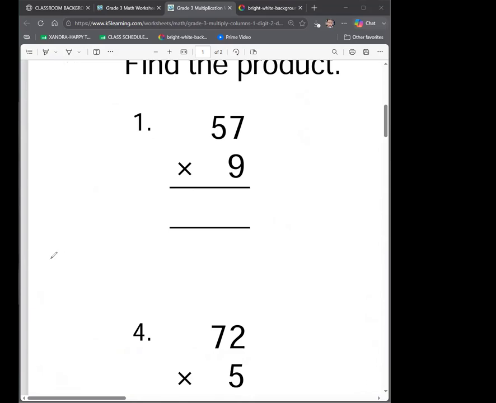So 7 times 9, so we have 7, 14, 21. What's next? If you add 7 more to 21, what is the next one?